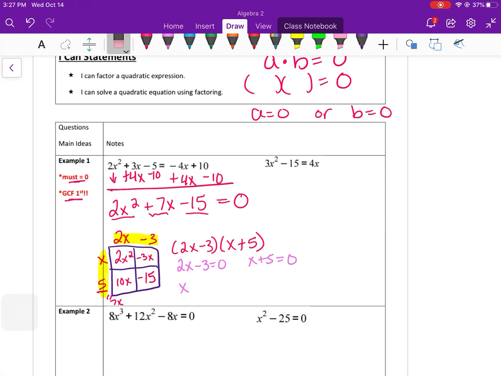This one's a two-step. You have to start by adding 3. And then 2x equals 3, divide by 2, you get 3/2 or 1.5. I prefer that it's left in an improper fraction. And then on this side, you subtract 5 and get x equals negative 5.